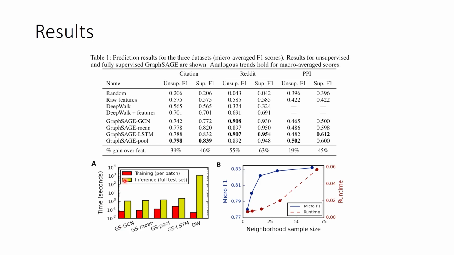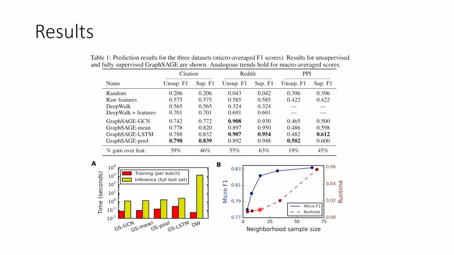So here is the time taken. You can clearly see the DeepWalk version takes much more time, but when we take it in batches, it is much reduced. You can see GraphSAGE GCN takes the full dataset in 10 seconds.